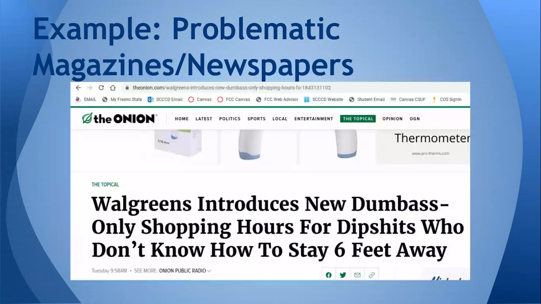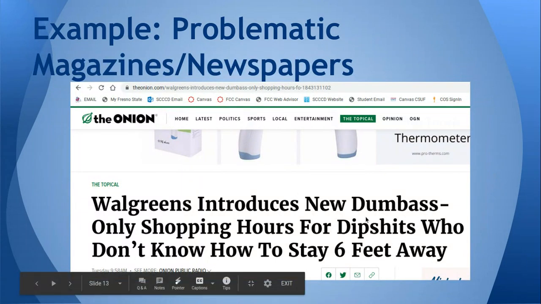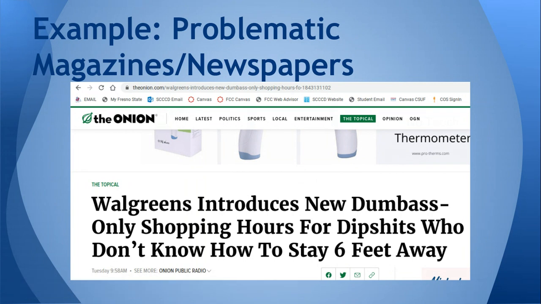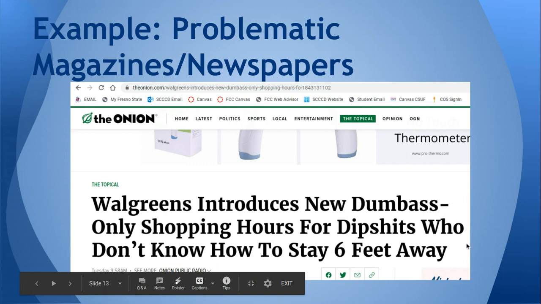There are also lots of problematic magazines and newspapers out there. Remember that everybody is biased, right? But there are certain magazines and newspapers and things like that that are very biased or are even so biased that they are openly comical, right? For instance, there are satirical newspapers like The Onion, and these are kind of joke pieces that are written.